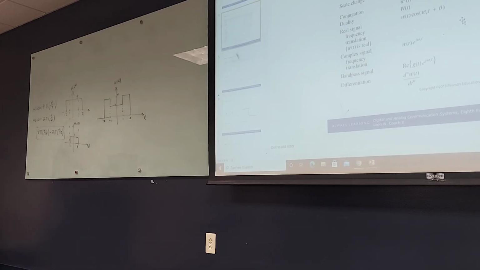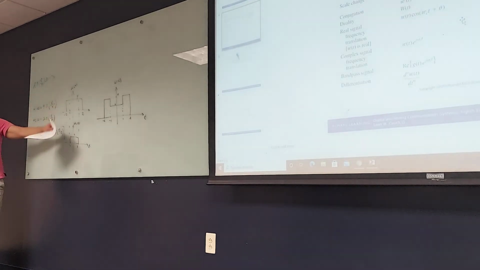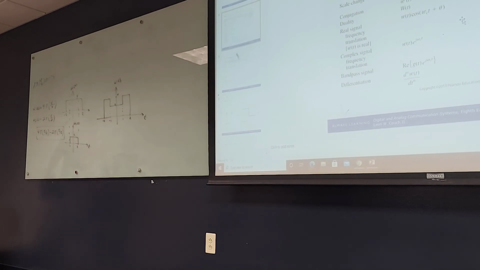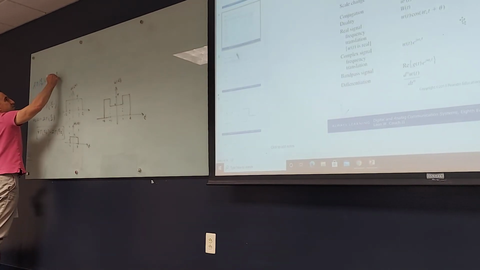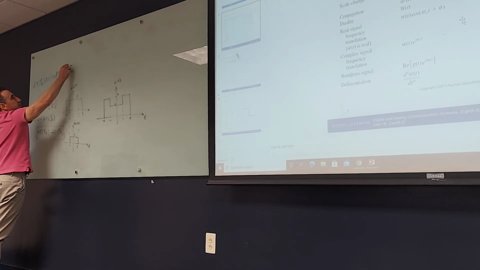So if you apply the Fourier transform of the first one, remembering that this is the Fourier transform of a rectangular pulse, and both of them are centered at 0, so there is no delay here. It is amplitude, duration, sinc of πfT, right?